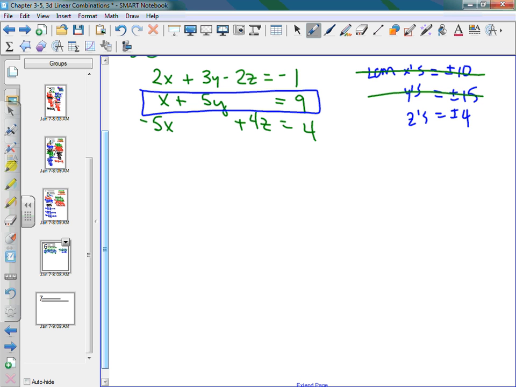Because you know what? Half my work's done. So what two equations am I forced to use? I'm eliminating z. So what two equations have I not touched? I haven't touched 1 and 3.